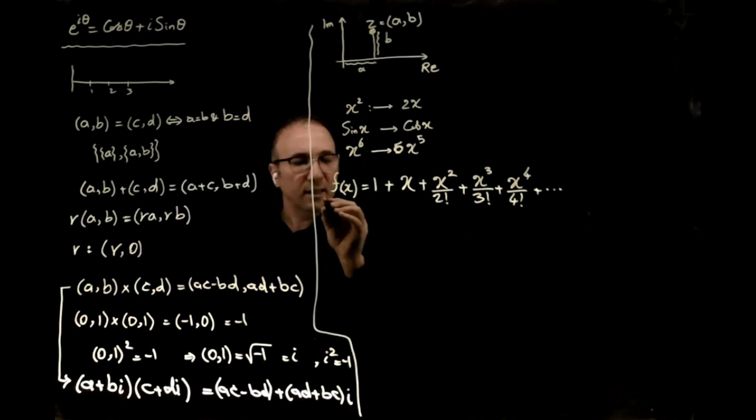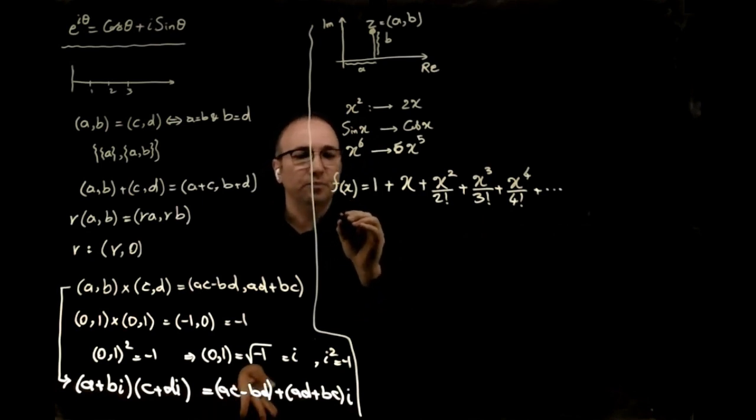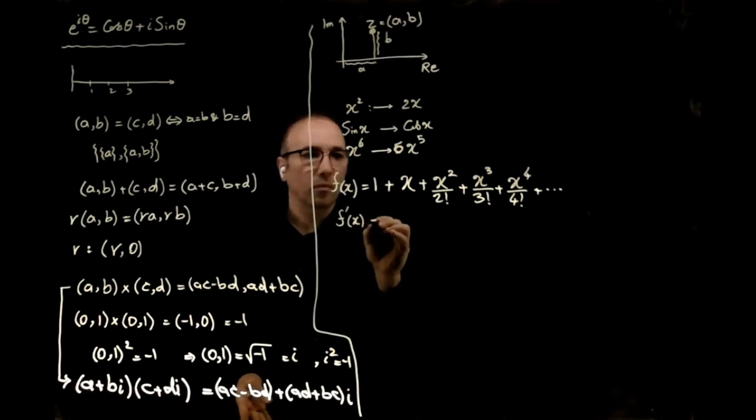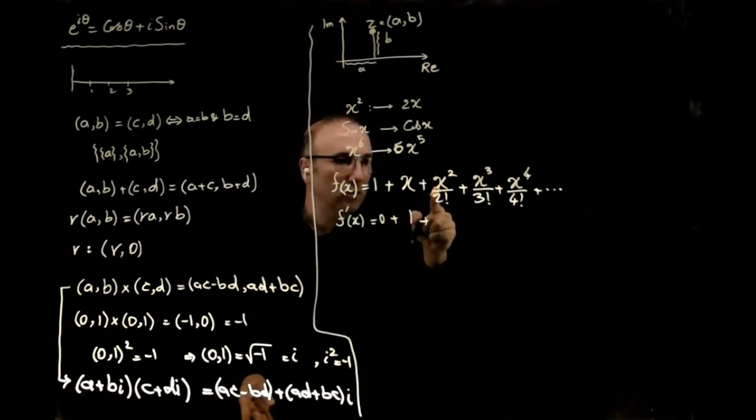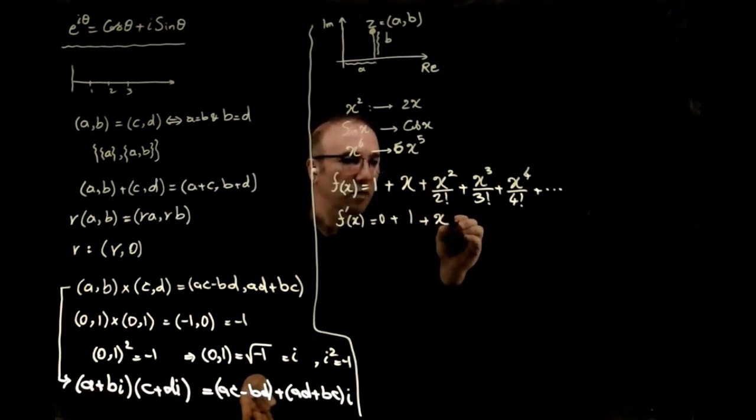Well, then I see that if I take the derivative, this becomes 0, then this becomes 1, this 2 comes out and down, and this 2 factorial is 1 times 2, right? 2 cancels out, so I would be left with x. Then this 3 comes out and down, 3 cancels out this 3 in the 3 factorial, which is 1 times 2 times 3.